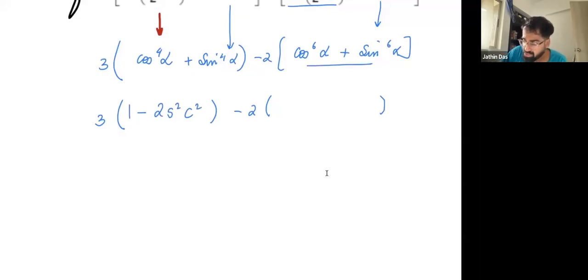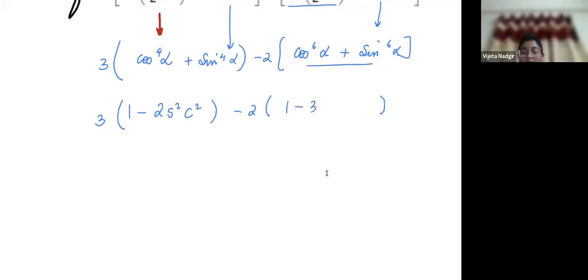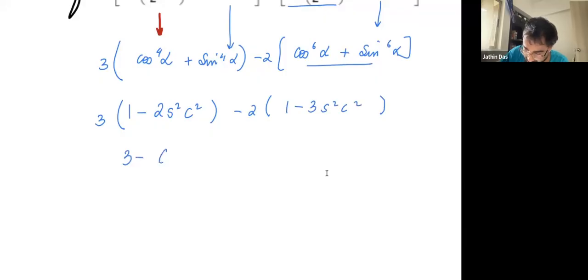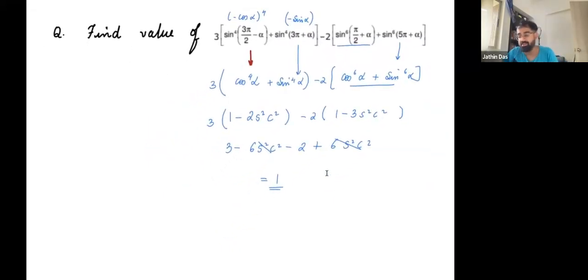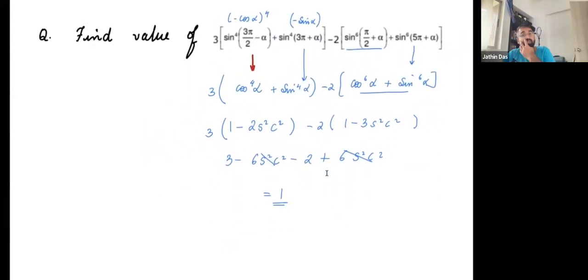And guess what is this? 1 minus 3 sin square cos square. Multiply inside 3 minus 6 sine square cos square. Here minus 2 plus 6 into sine square cos square. See how they designed the question. See one of the answer. So it makes you understand that those two formulas plus your reduction formula, everything.